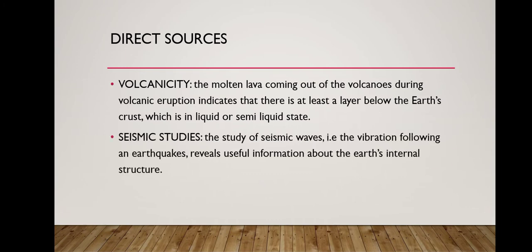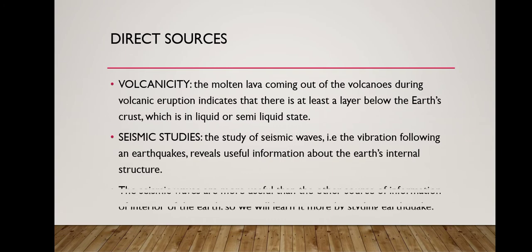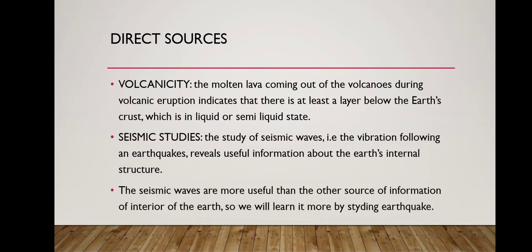The study of seismic waves, that is vibration following an earthquake, reveals useful information about the Earth's interior structure. The seismic waves are more useful than other sources of information about the interior of the earth. So we will learn more about it by studying earthquakes.